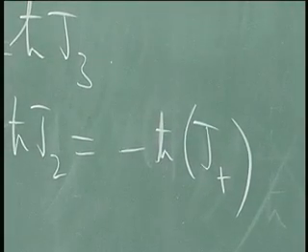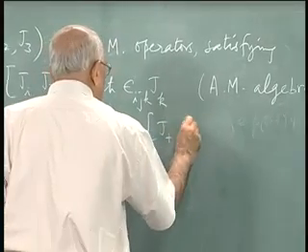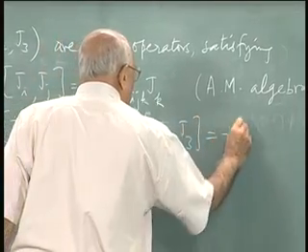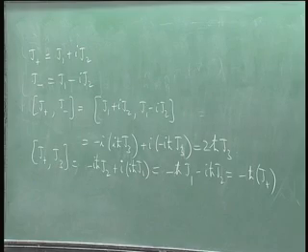So we have J plus with J3 equal to minus ħ J plus. Okay.